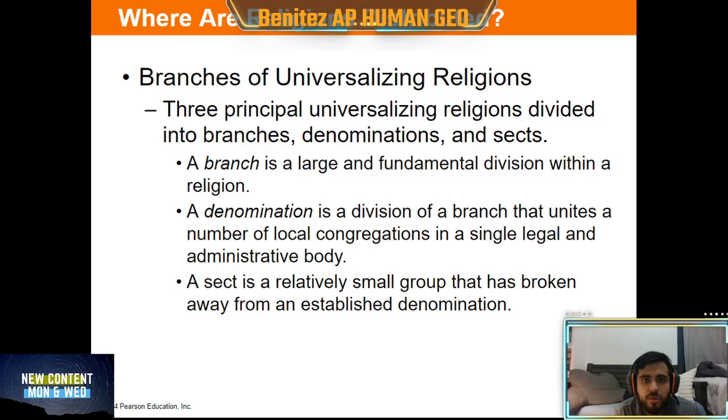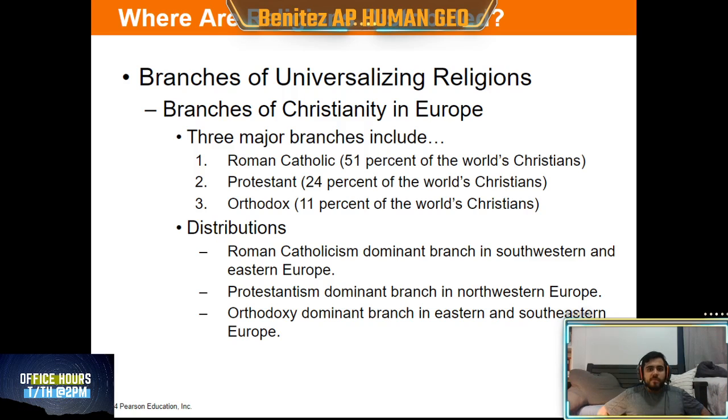When we talk about universal religions, they are divided into branches, denominations, and sects. For example, when we talk about Christianity, the branches of Christianity in Europe are 3: the Catholics, the Protestants, and the Orthodox. Many of the Roman Catholics, you're going to find in southwestern Europe.